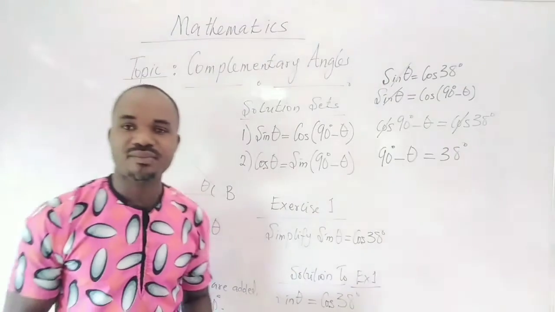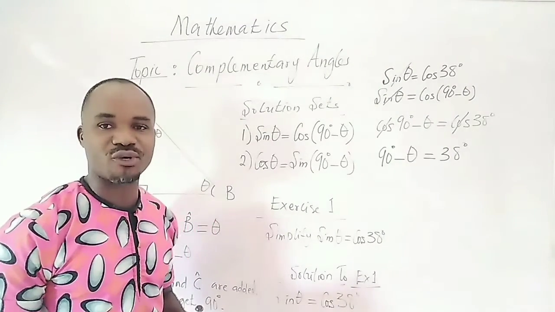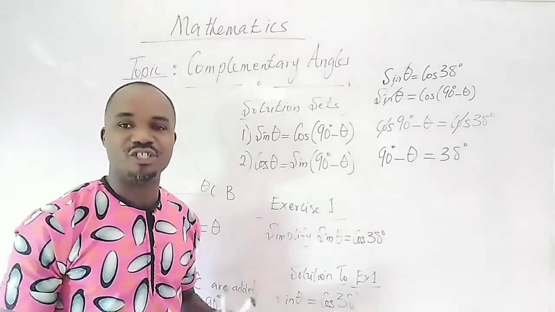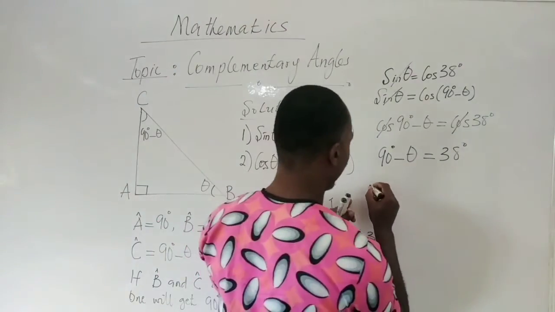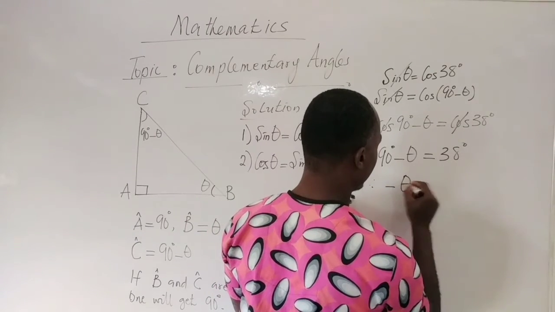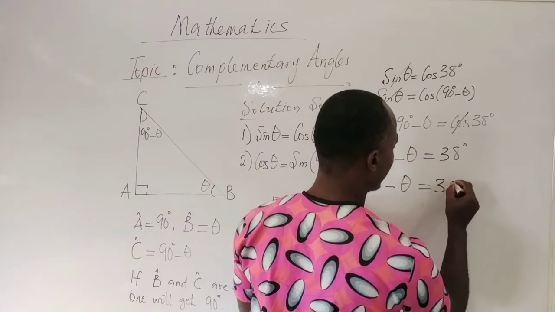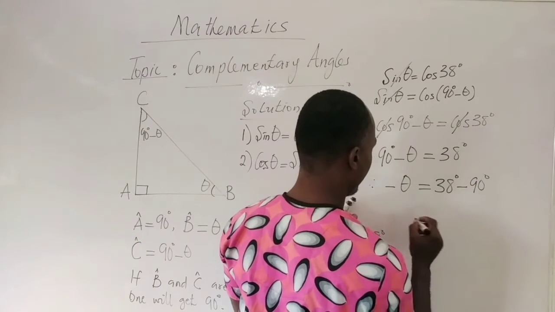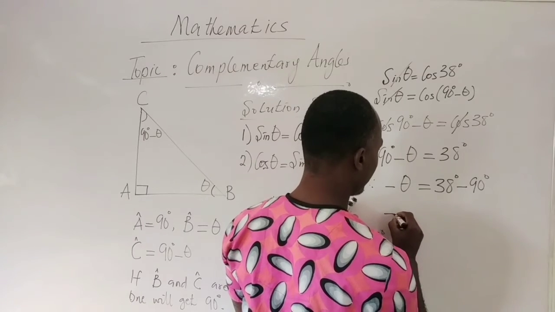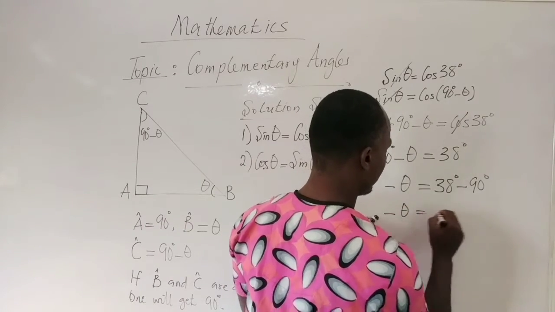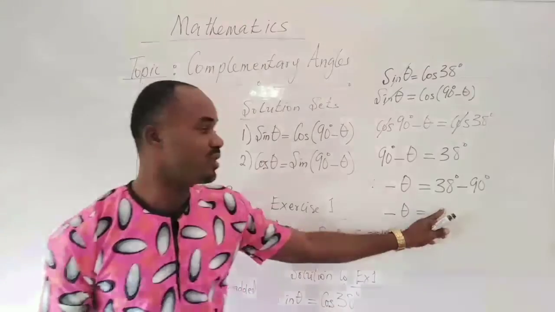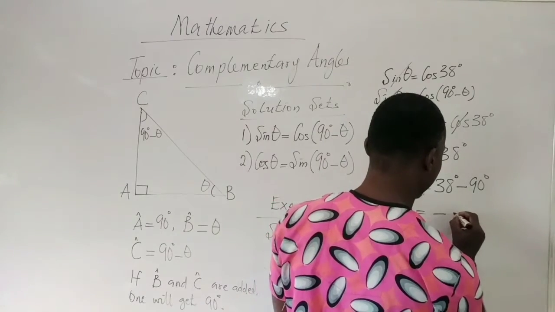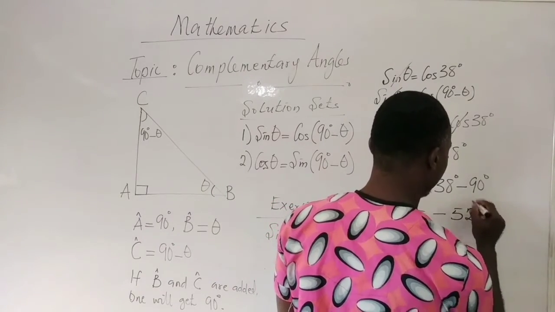Having said that, the next thing we are going to consider is making theta the subject of the formula. Therefore, minus theta is equal to 30 degrees minus 90 degrees, which gives a negative value, minus 60 degrees.